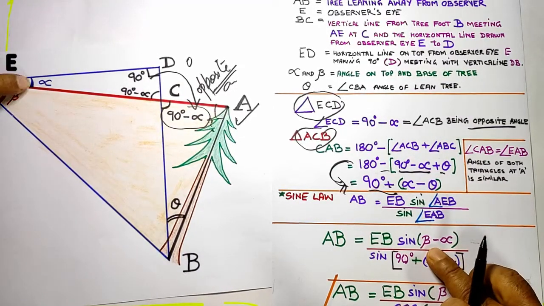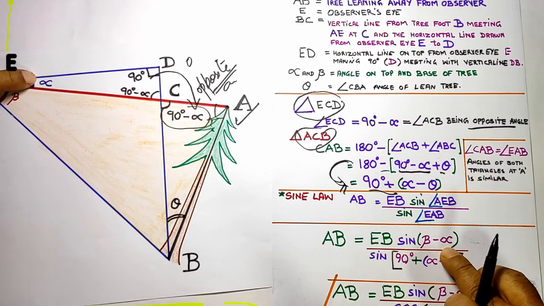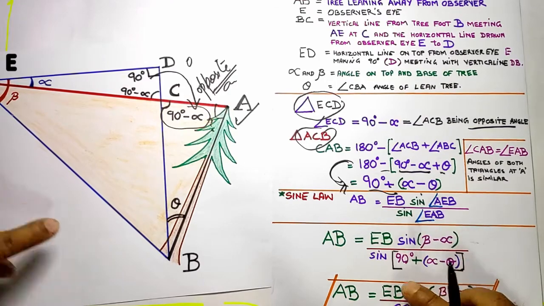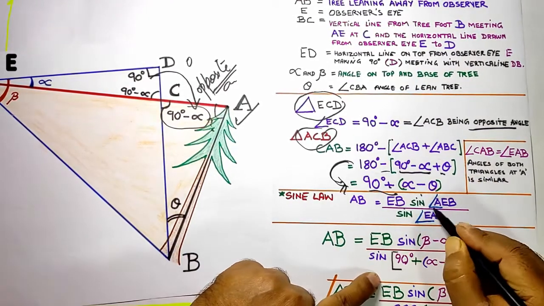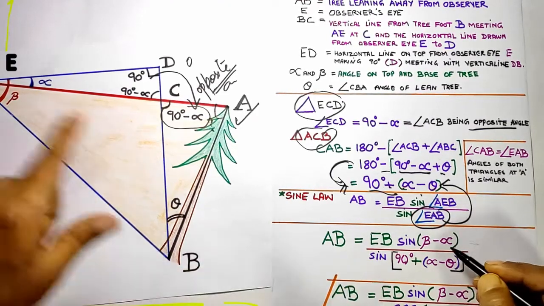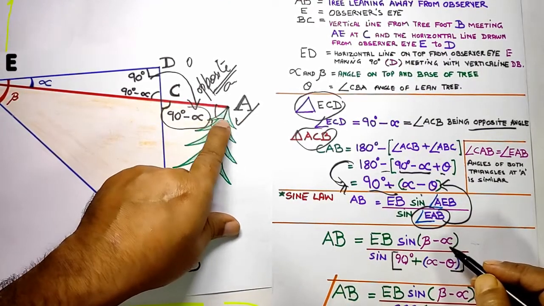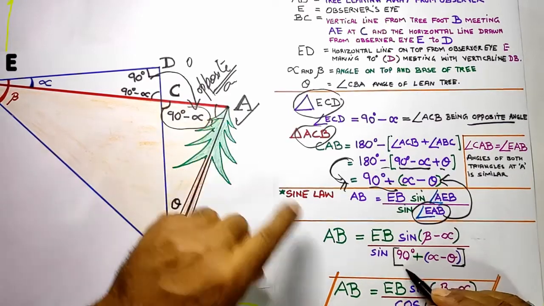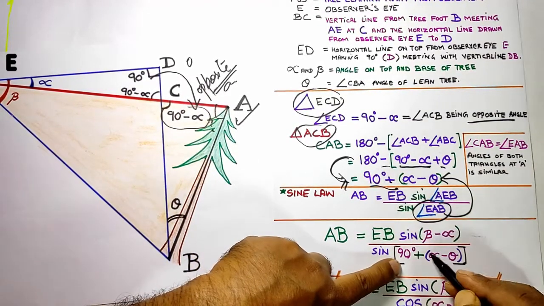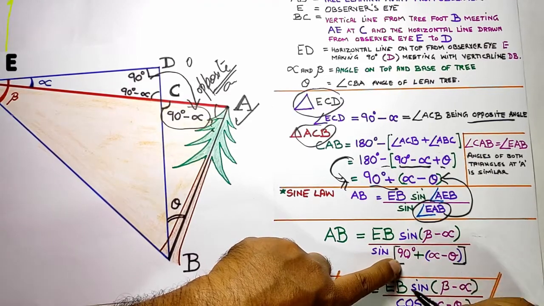AEB is beta minus alpha. And what is sine EAB? EAB we have calculated just now. So we put the value here: 90 plus alpha minus theta.